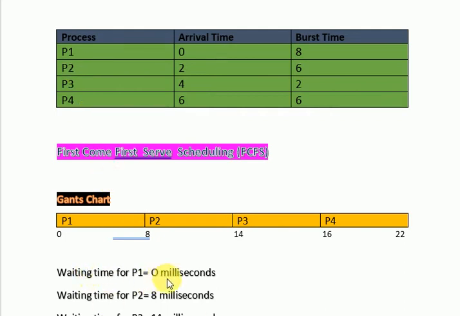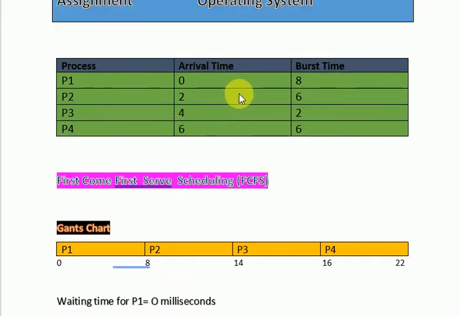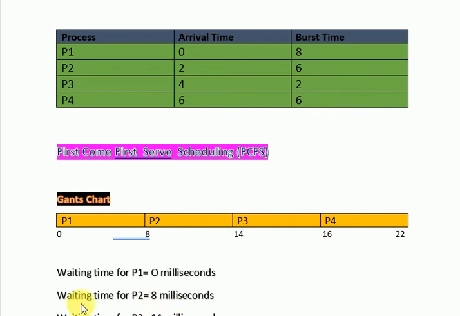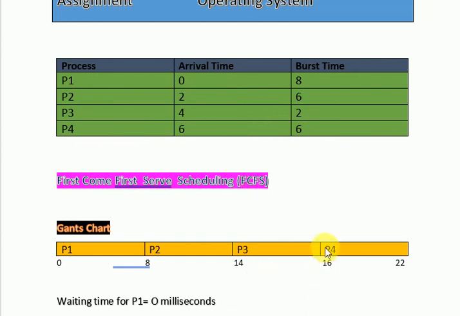So it is 0 milliseconds, and P2 waits 8 milliseconds before entering the process, meaning the CPU. P3 waits 14 milliseconds and the waiting time for P4 is 16 milliseconds. As I have already discussed, waiting time depends on the starting point, which for P4 is 16.